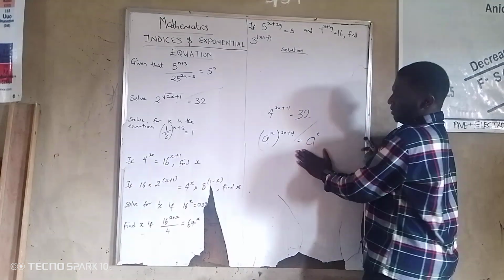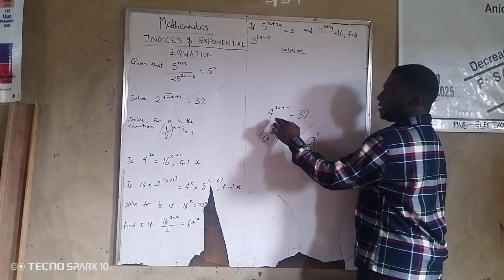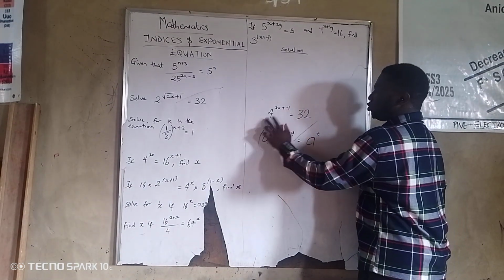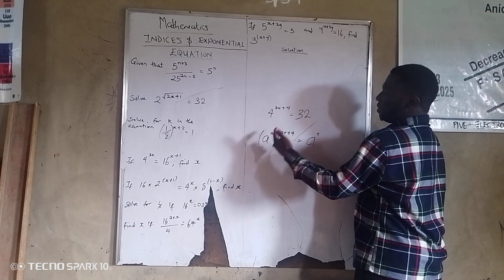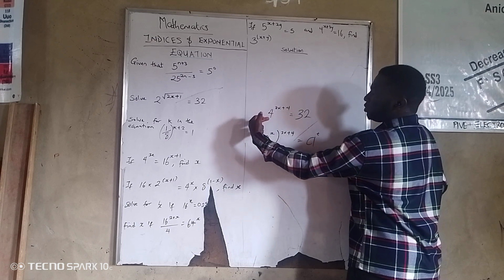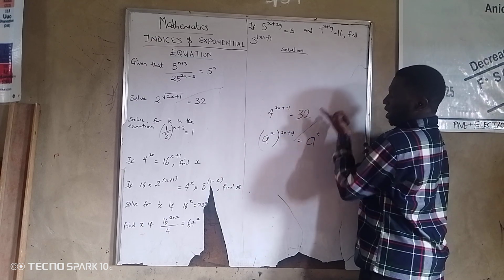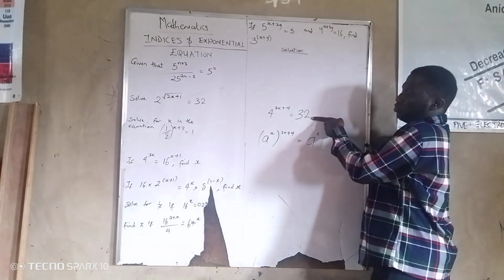So you think of a common number that you can raise to different powers, and when you raise it to a particular power, it will give you 4, and the same number to another power will give you 32.